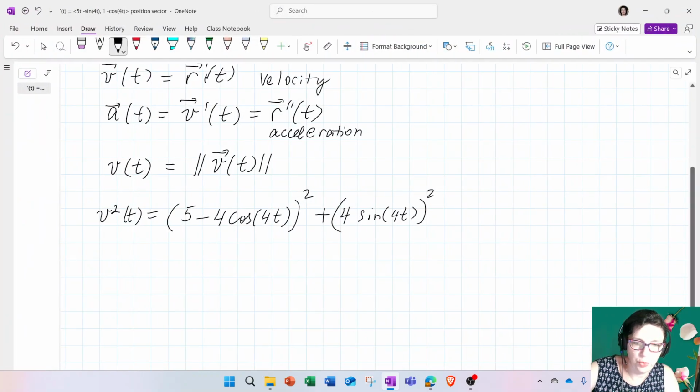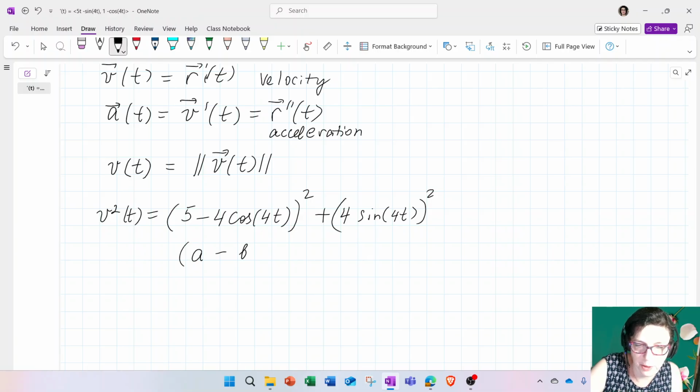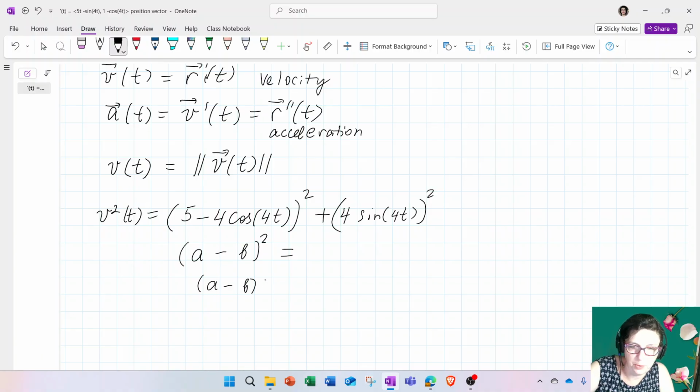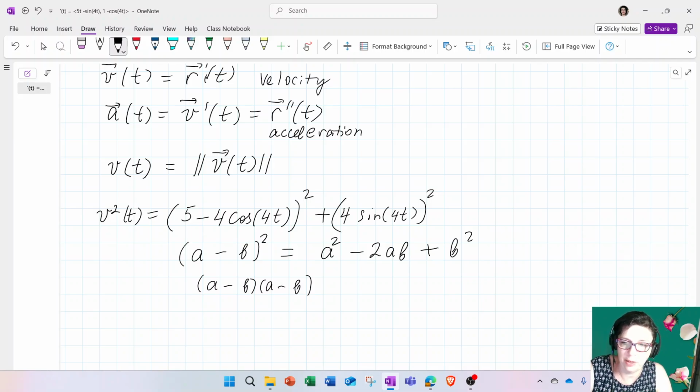Okay, what do we see happening here? First of all, we've got an expression that looks like (a minus b) squared. Now, that is not a squared minus b squared. That is not the formula. If you do not remember it, then just FOIL, like put a minus b multiplied by a minus b, and you will see that the formula is correct. The formula looks like this: a squared minus 2ab plus b squared, because these two minuses will turn into a plus.